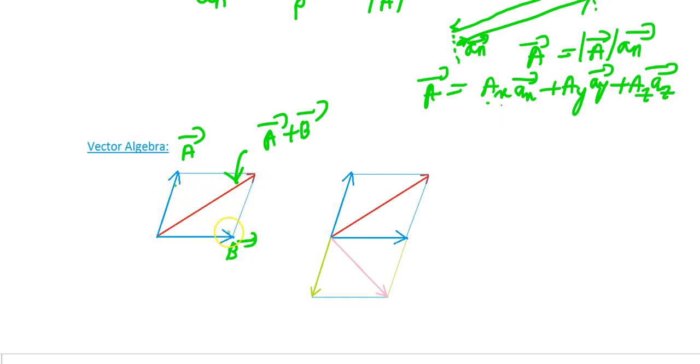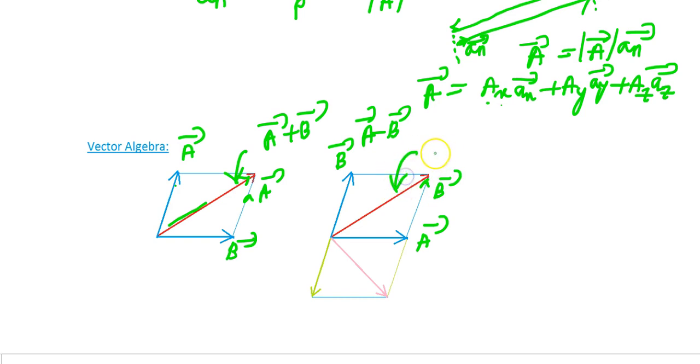So we connect here in the same direction, same length, and this is your A. So A plus B becomes this vector. How to find A minus B? Let this be your A, this be your B, so this vector in the red color becomes A plus B, right?